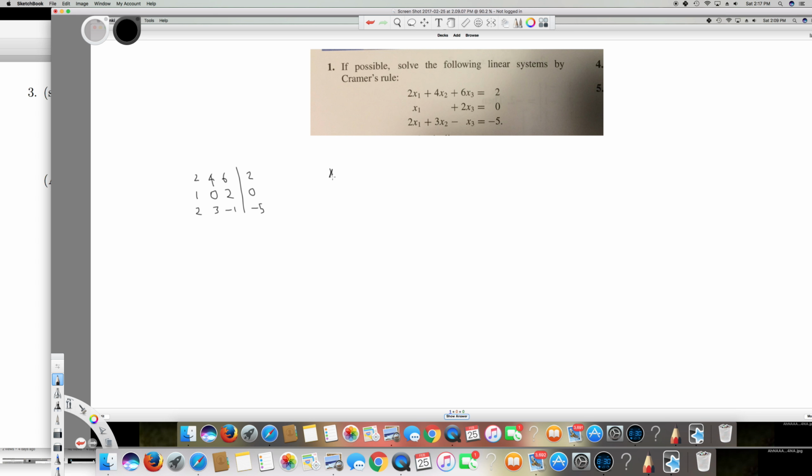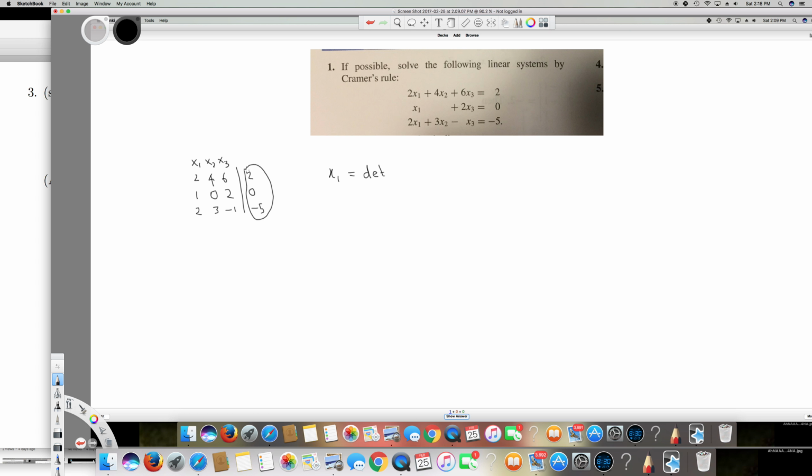First of all, if I want to find x1, I have to find the determinant of the matrix where I switch this column in place of x1. This is the x1 column, x2 column, x3 column.